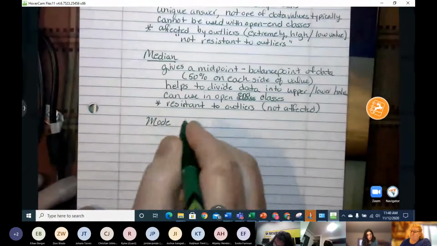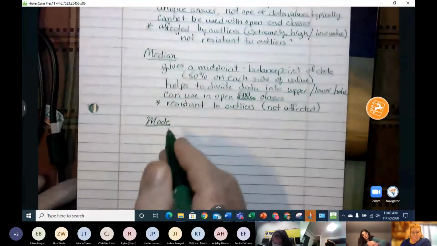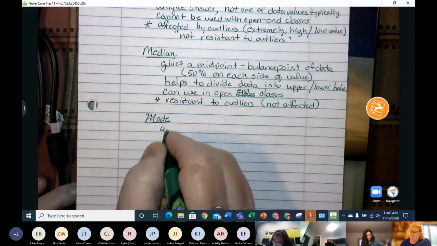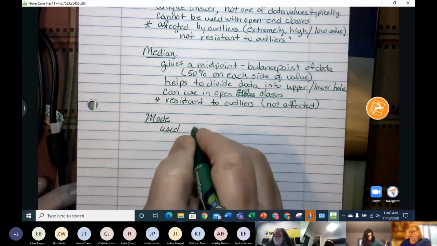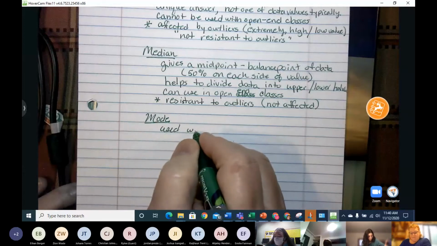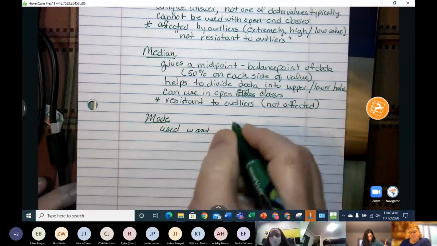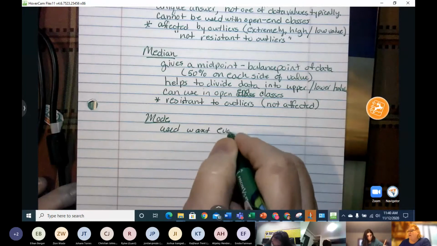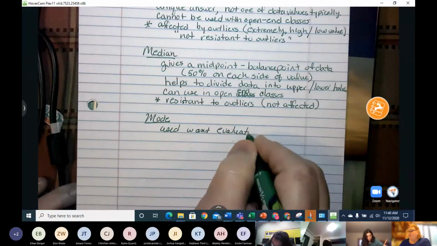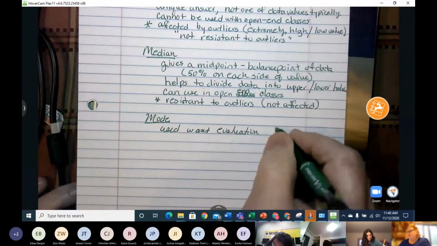For the mode, it's used when you want an evaluation of the most typical case.